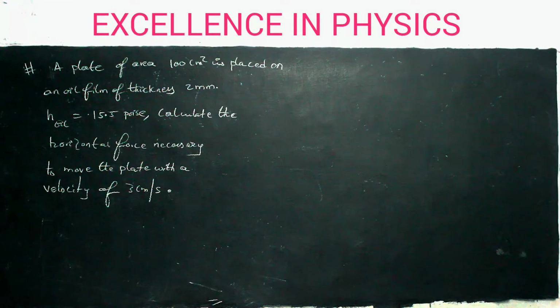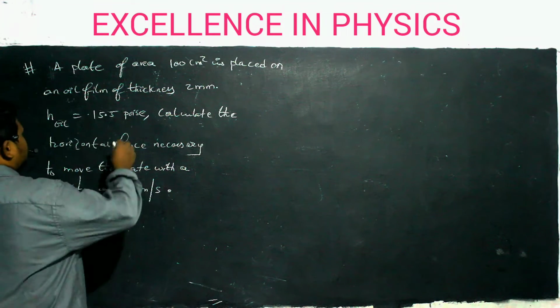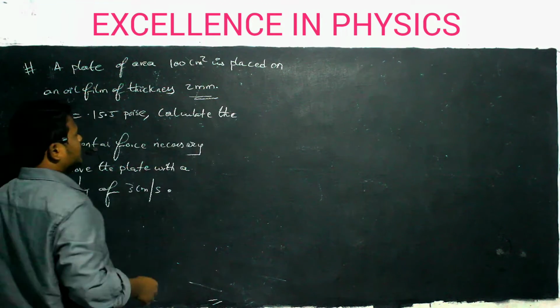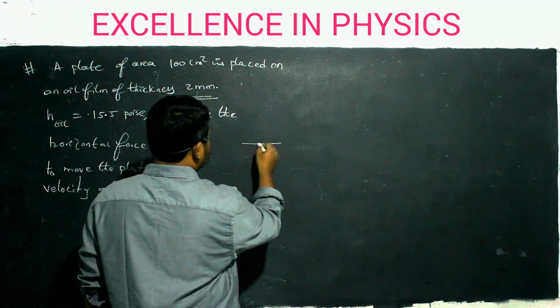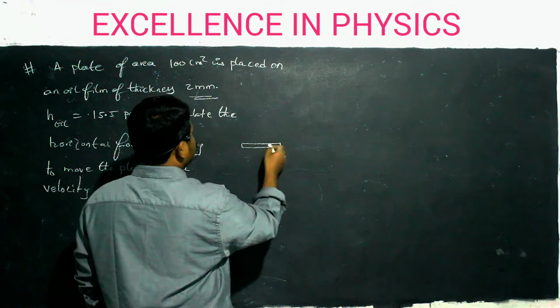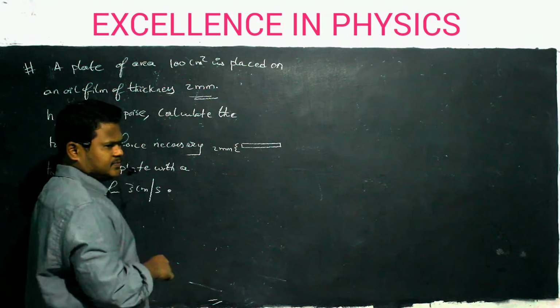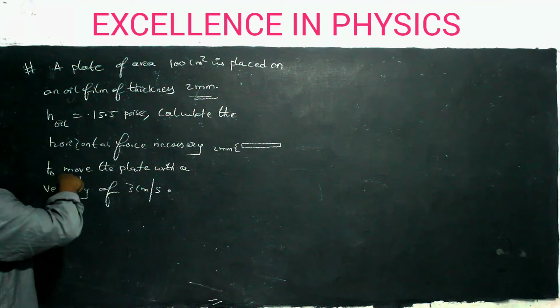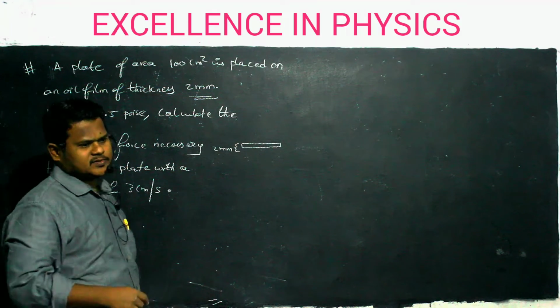Okay. So there is an oil film whose thickness is 2 millimeters. Consider this is the oil film, and the thickness of this one is 2 millimeters. On this oil film, we are placing a plate of area 100 centimeters square.